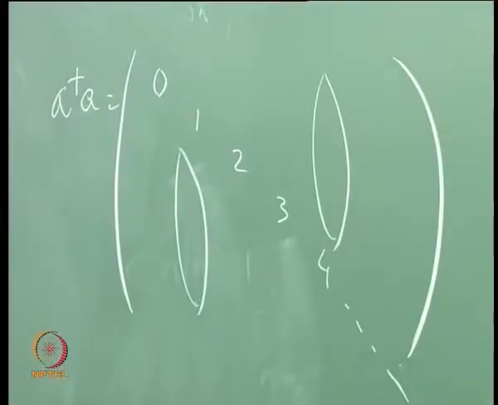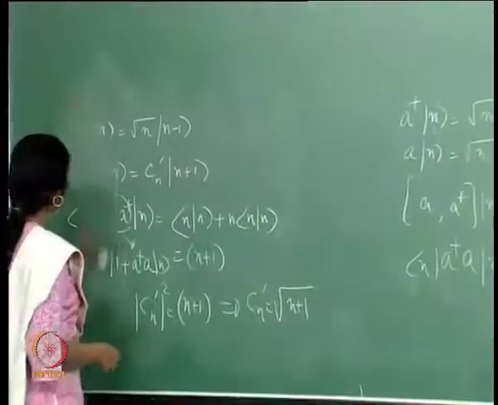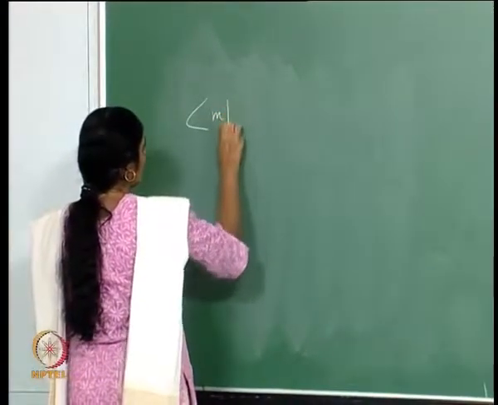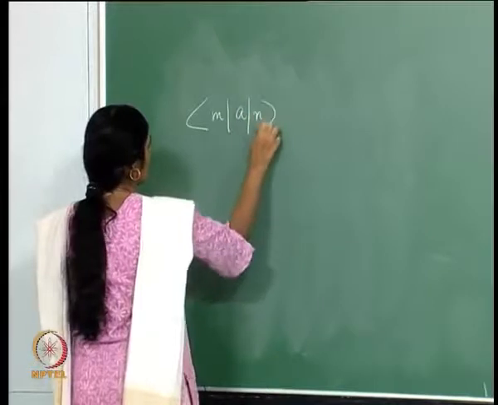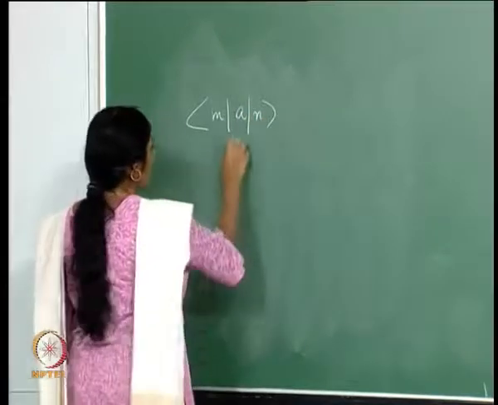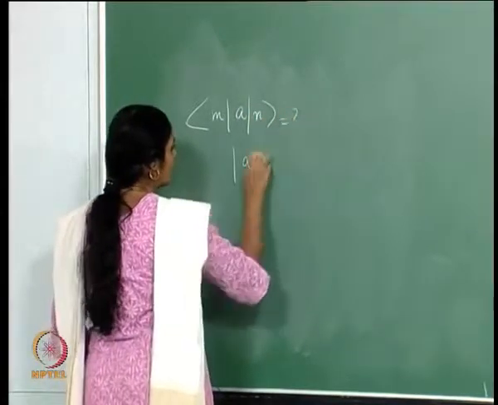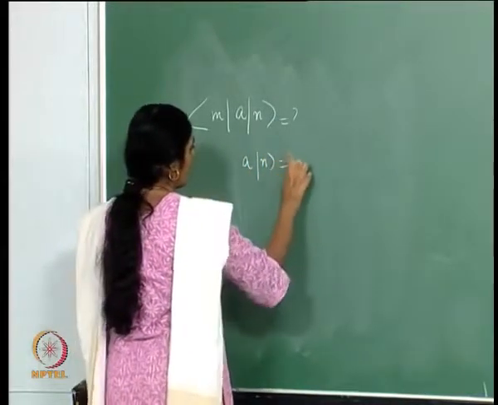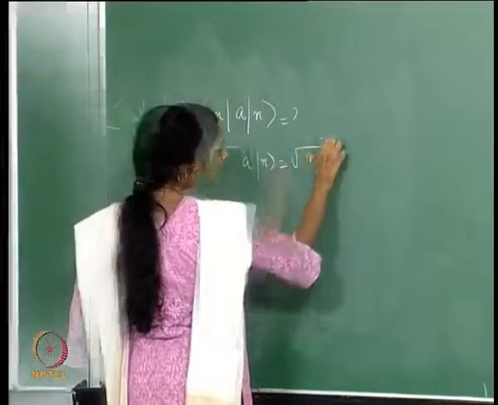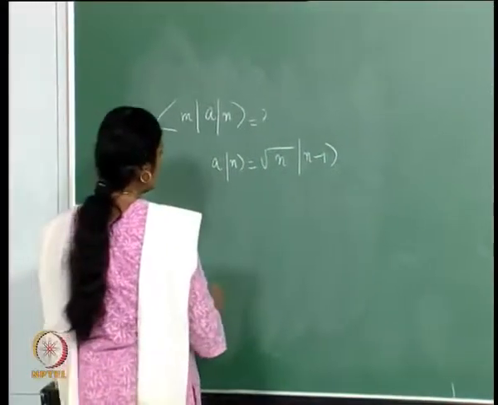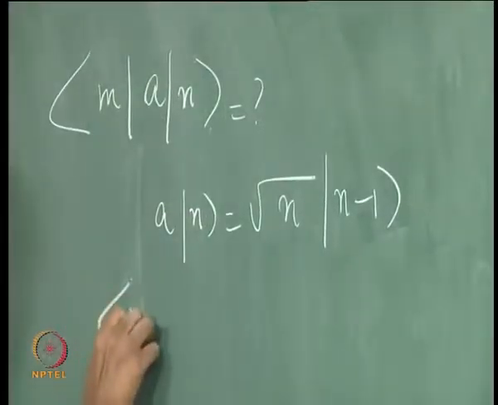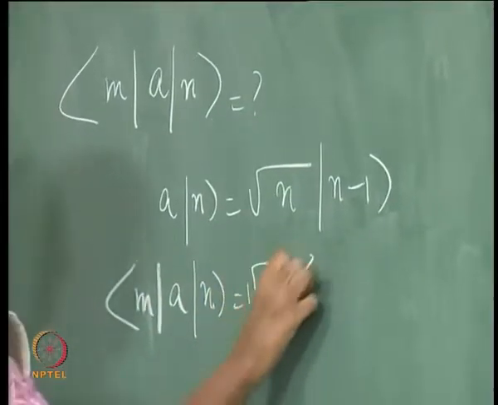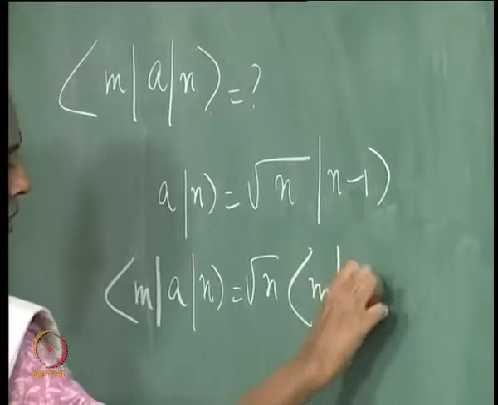Now, what about a matrix representation for A and A dagger? So, what is the mth element of the matrix A, for instance? I know that A on ket n is root of n ket n minus 1. Therefore, <m|A|n> is root n times the inner product <m|n minus 1>.